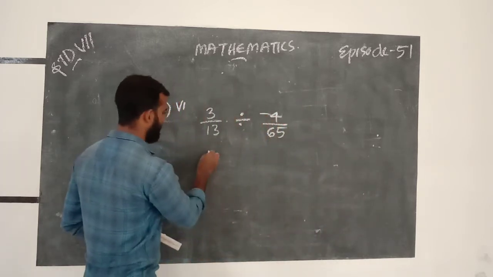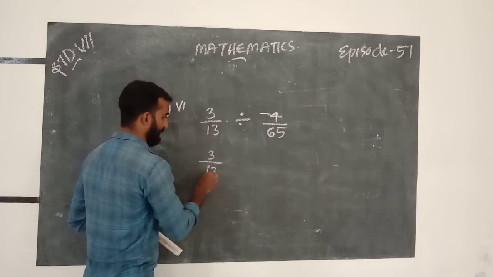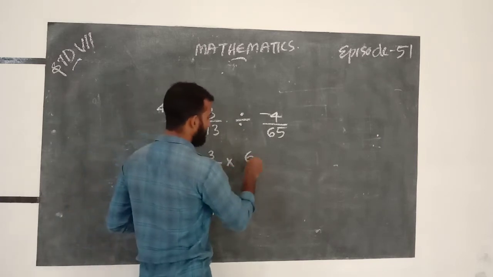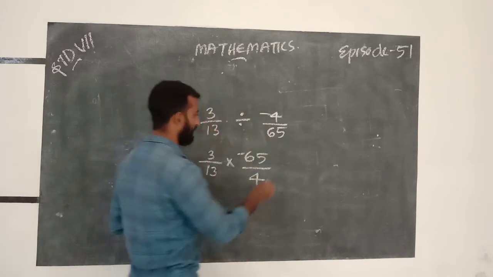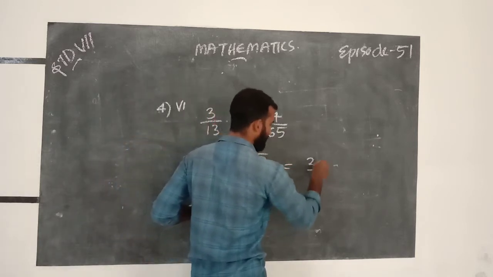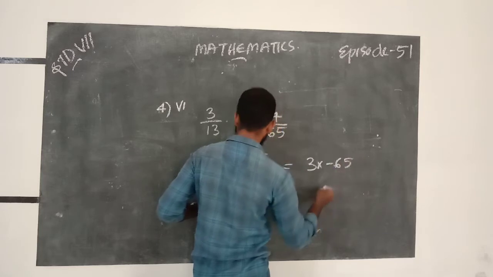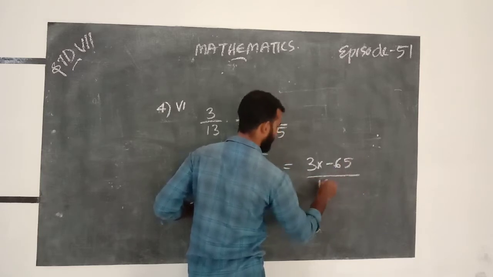That is 3 by 13 into negative 65 by 4 equals 3 into negative 65 divided by 13 into 4.